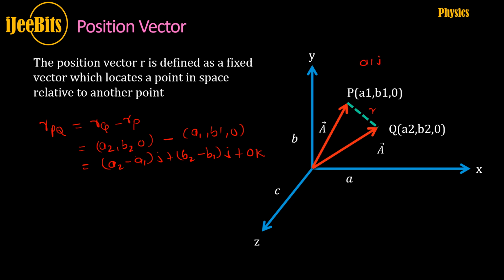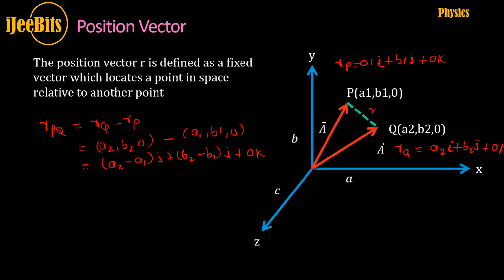A1 I cap plus B1 J cap plus 0 K. This is nothing but your RP. Whereas RQ is A2 I plus B2 J plus 0 K. This is how to look at it.